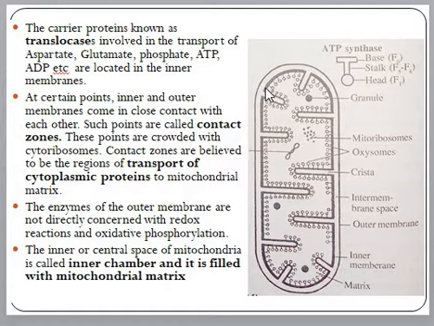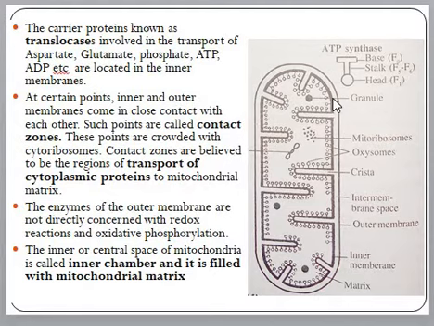At some regions, the outer mitochondrial membrane and inner mitochondrial membrane come in close contact with each other. Such contact points are called contact zones. These contact zones are the regions of transport of proteins from cytoplasm to mitochondria.